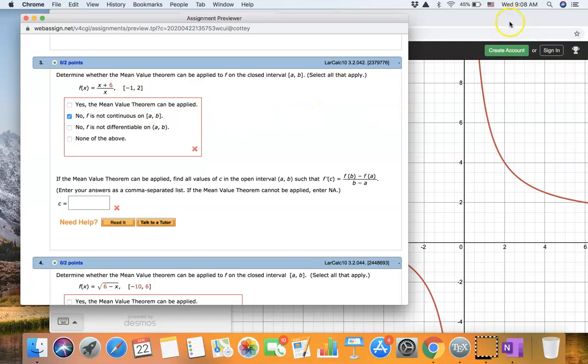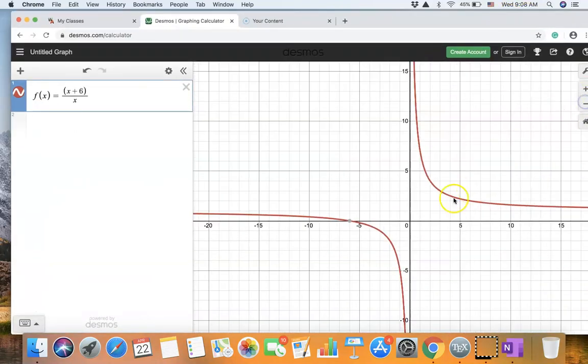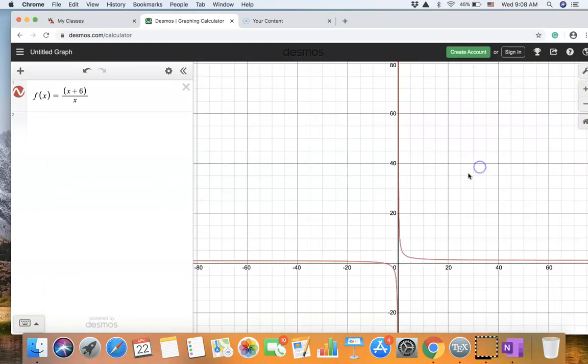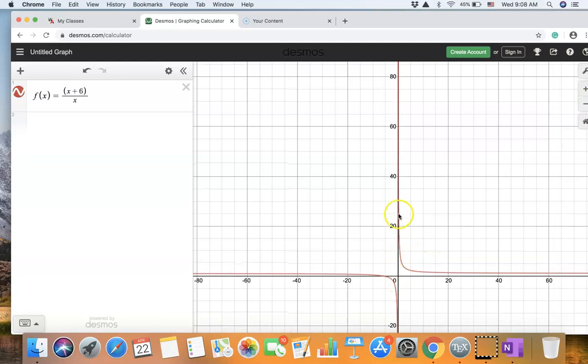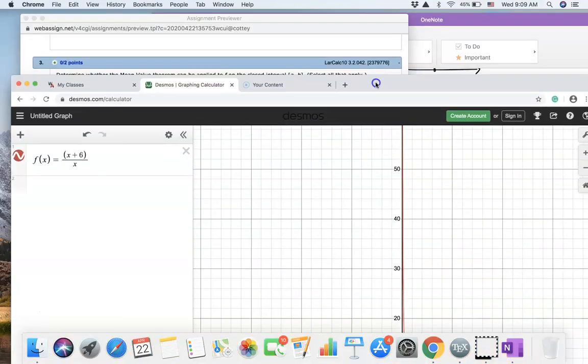And also the function is not differentiable. Why? Because at 0, the tangent line of this graph when x equals 0 is vertical, and we've said when the tangent line is vertical, the derivative is undefined because the slope will be undefined.